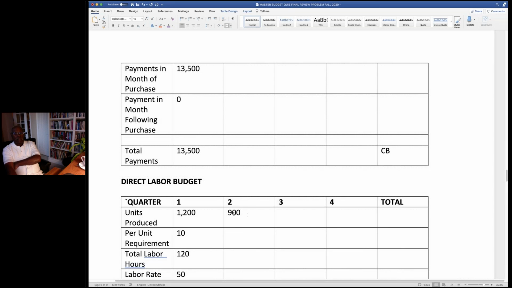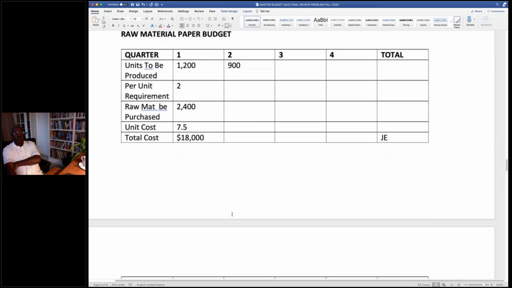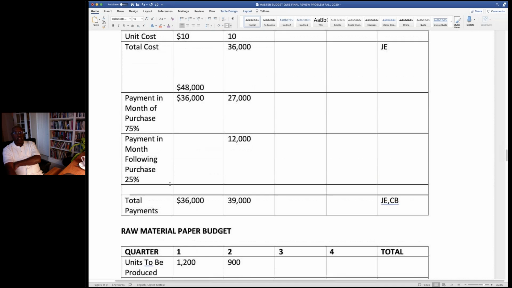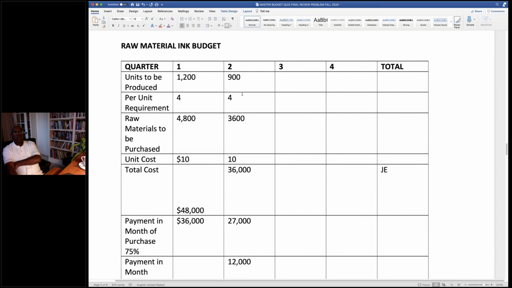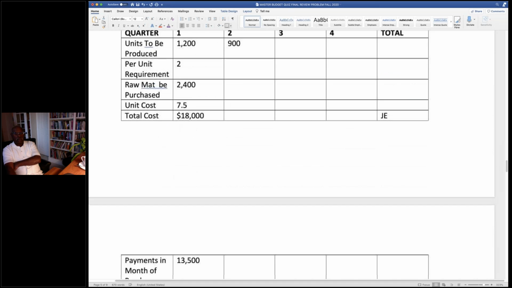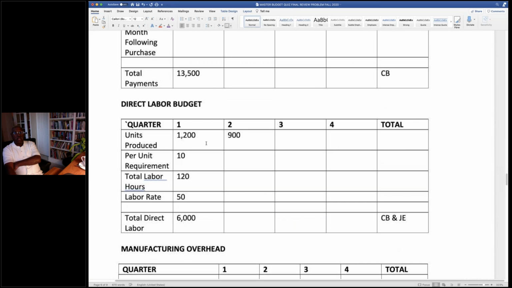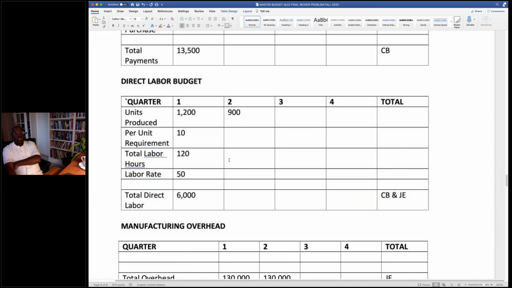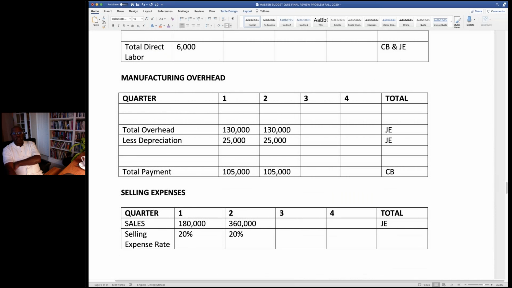So those are the first lines: the production budget on the ink, raw materials, paper, and direct labor. The other budgets are independent. You just pull these numbers from the assumptions.